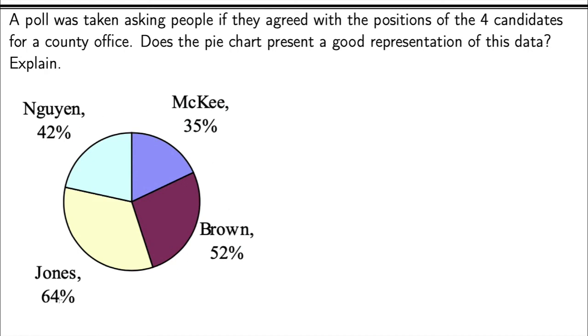And so using a pie chart for this information is a very poor decision, and it doesn't really indicate what's going on. This would be much better presented through a bar graph, maybe a Pareto chart, if you're looking for seeing ordering between the candidates.